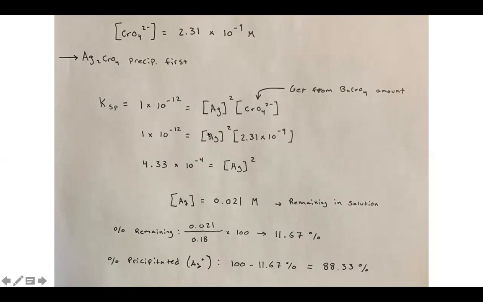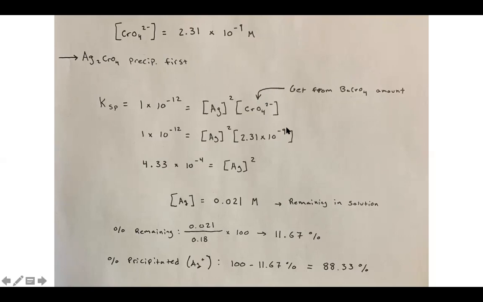Here we're going to solve for a concentration of silver. The value that we are going to use here for chromate is the concentration of chromate needed for barium chromate to start precipitating or start forming. Barium chromate starts to precipitate when chromate's concentration is 2.31 times 10 to the negative 9th.